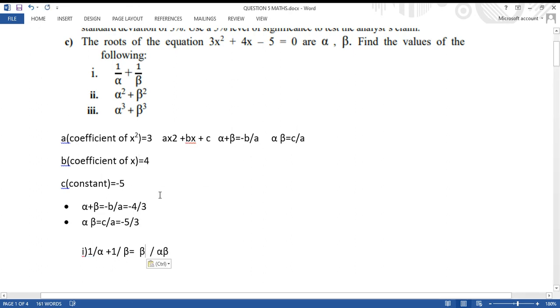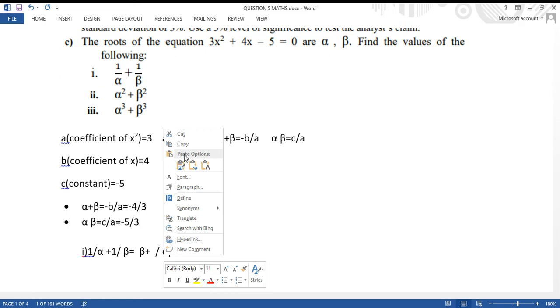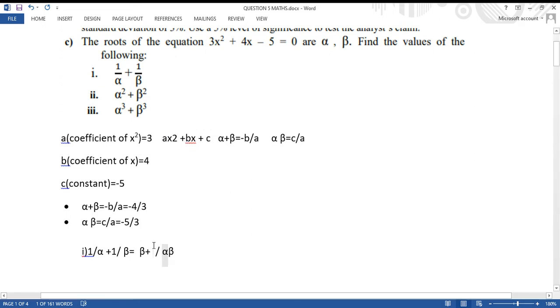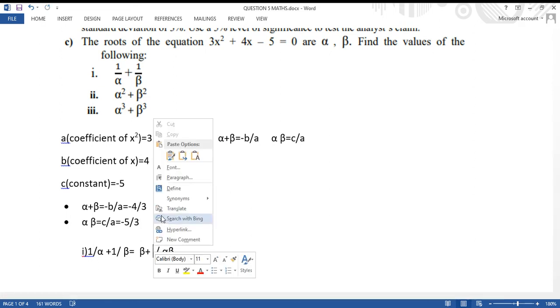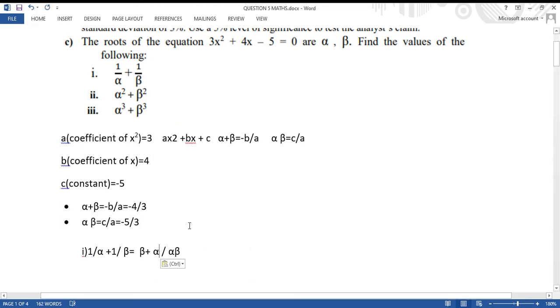Plus alpha beta divided by beta, you get alpha. So we can rearrange the numerator.